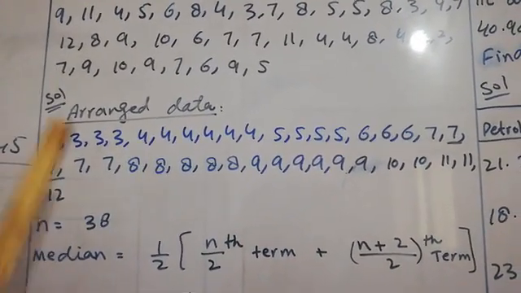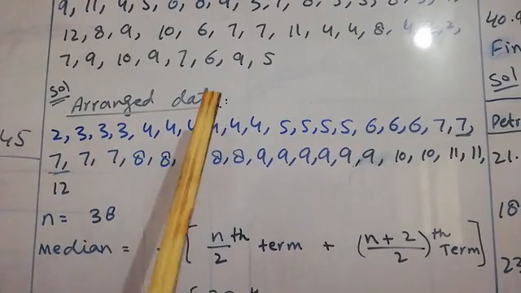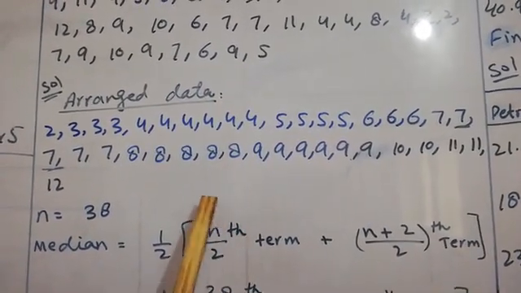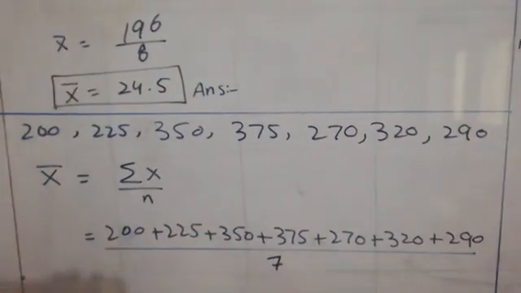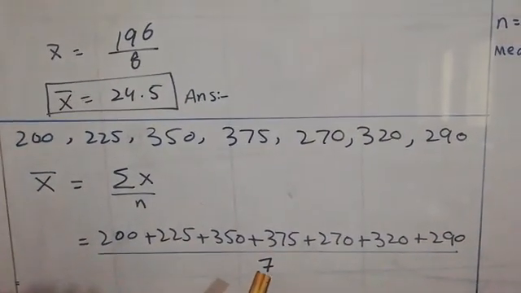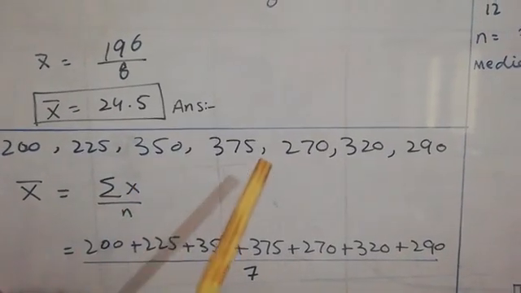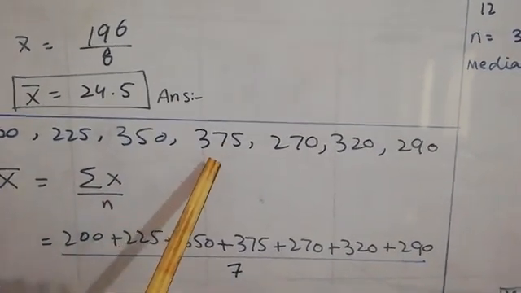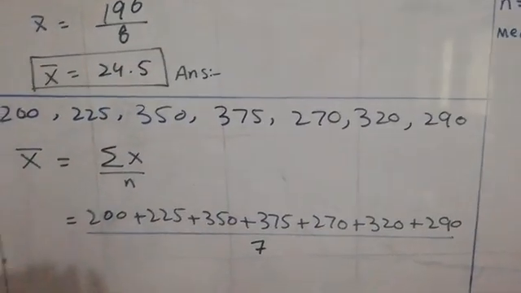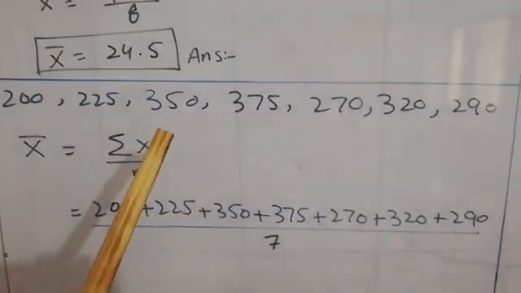In case of odd values, the middlemost value of the data is the median. For example, if you have 7 values, n is odd, so first we will arrange the data, and after that the middlemost, central value, meaning the fourth value, is known as the median after arranging the data.